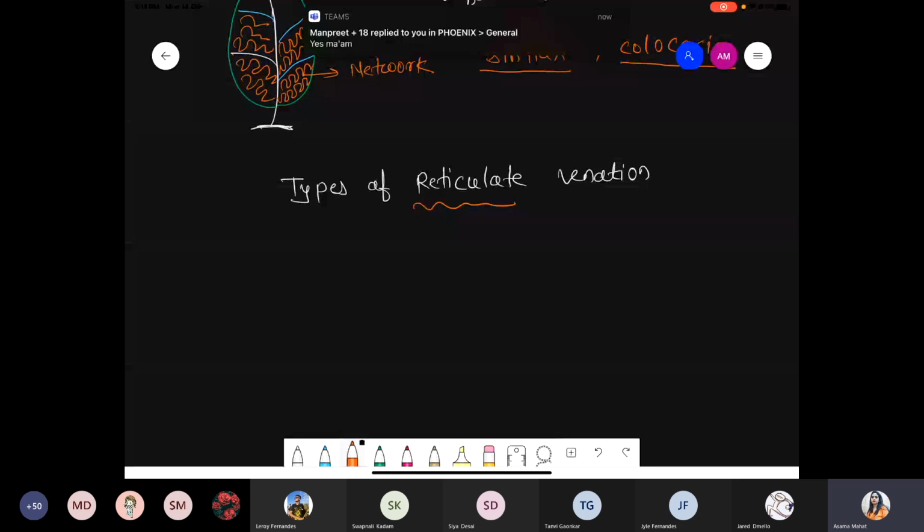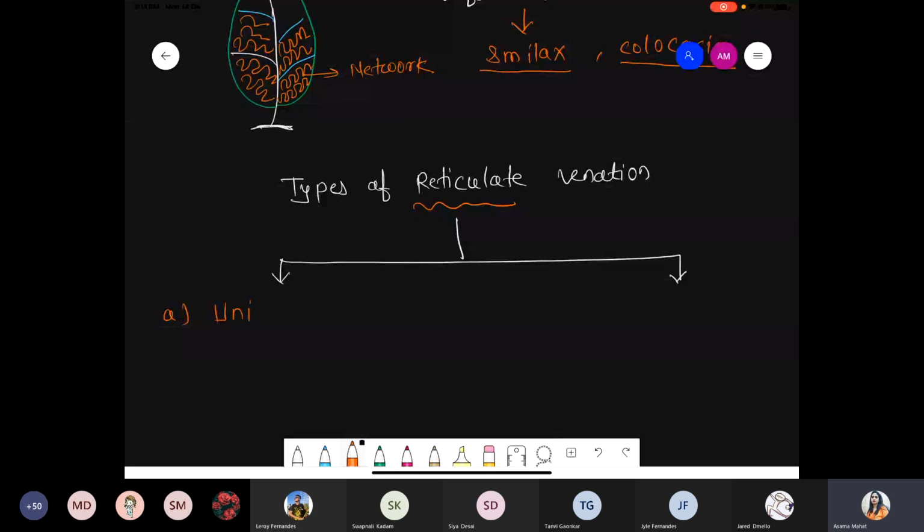So next point we are talking about is types of reticulate venation. There are two types, unicostate and multicostate. Number one, uni. The name itself tells us that uni means something single, one is present. So we are talking about unicostate.